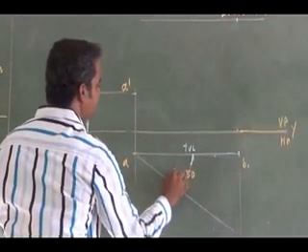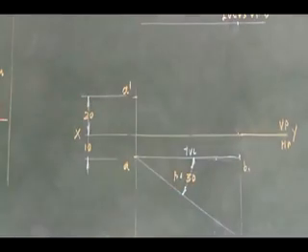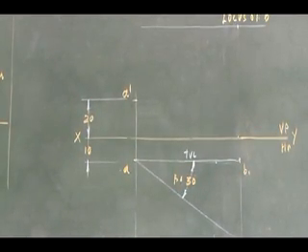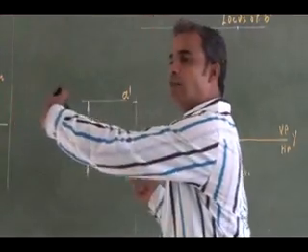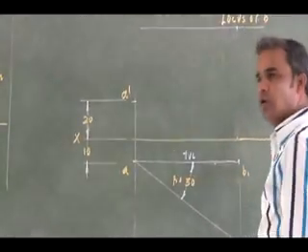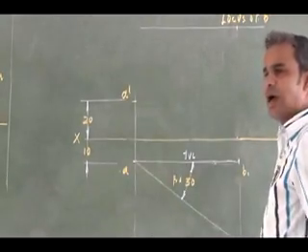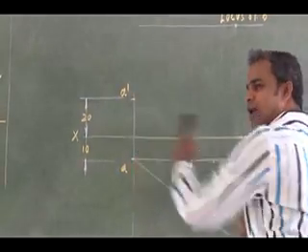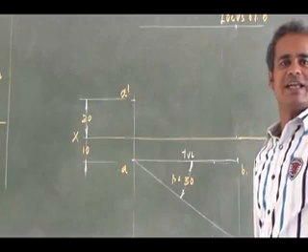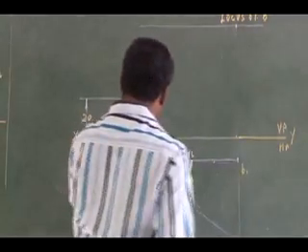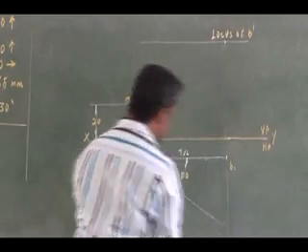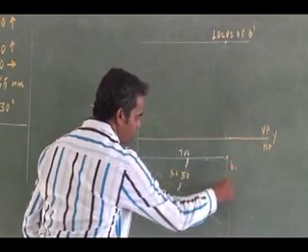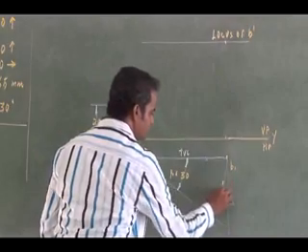So what it means, it is beta. On this 30 degree line, you should have the top view. In the sense, what top view length do you have? 65. That I can mark on the 30 degree line. By rotating this, I can end up with this.